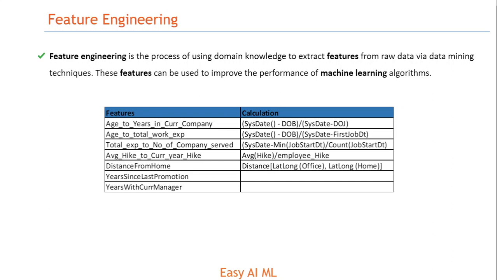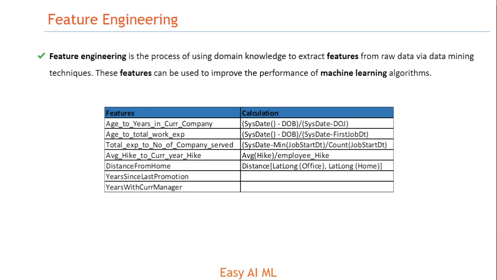Feature engineering is the process of using domain knowledge to extract features from raw data via data mining techniques. These features can be used to improve the performance of machine learning algorithms. We have been discussing the data sets to create a machine learning model to predict the employee attrition.